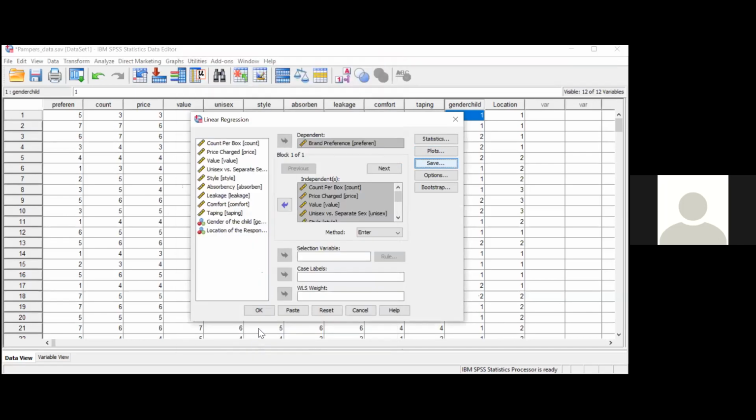Any question related to these commands? You can write in the chat box. Assumptions we discussed, so don't bother about the assumptions.